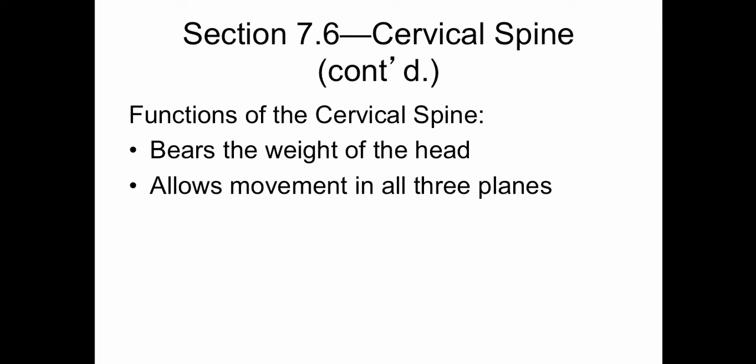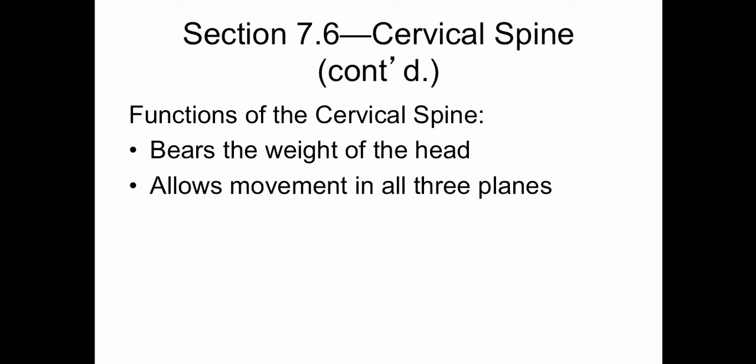Since only the head is superior to the neck, the cervical spine has less of a weight-bearing function than the thoracic and lumbar regions. This allows the cervical spine to be the most mobile region of the spine. The extra thickness of the intervertebral discs in the cervical spine contributes to its high mobility.